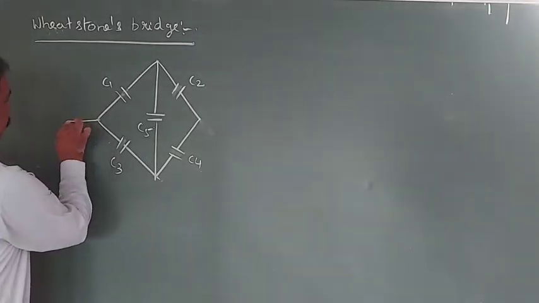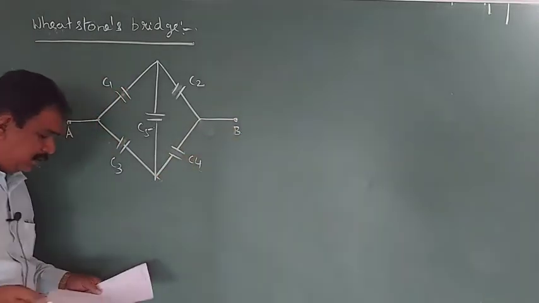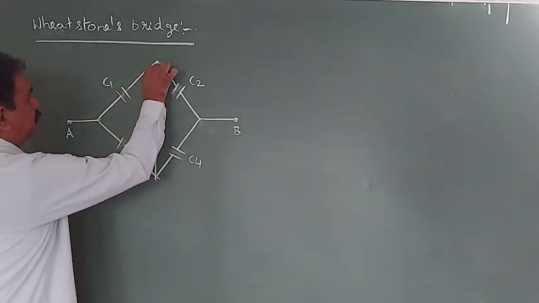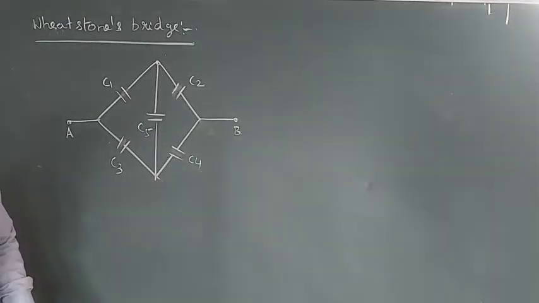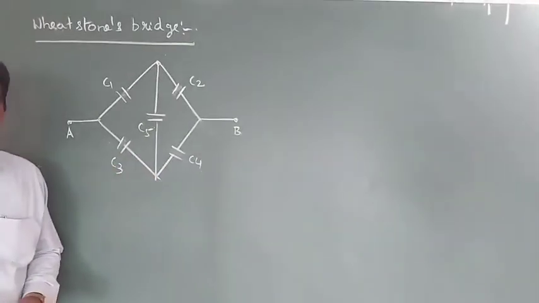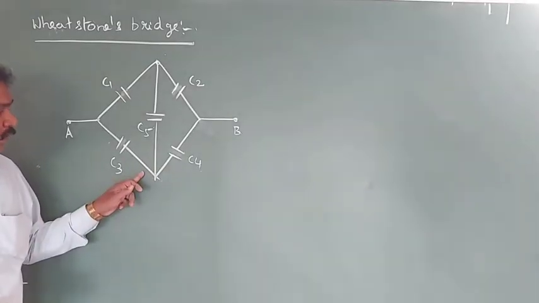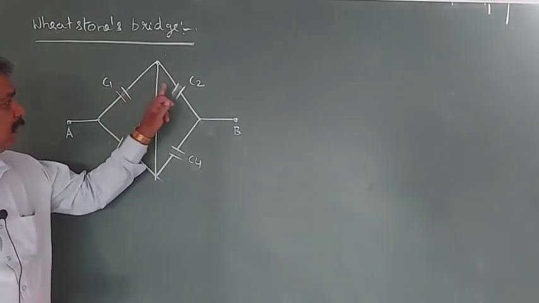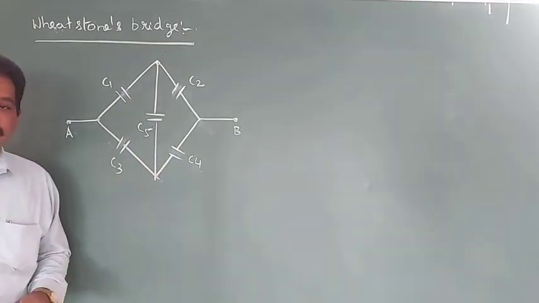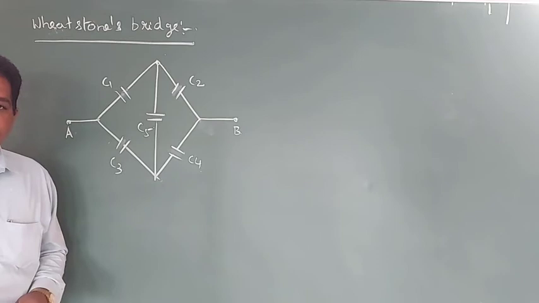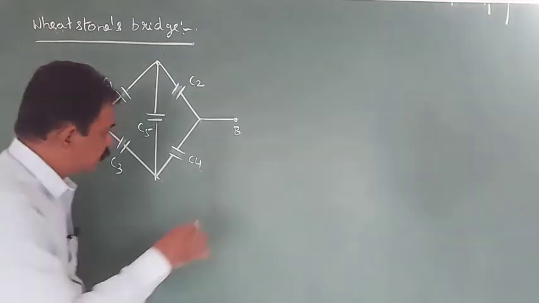Here this will be A, here this will be B, this is C, D, like that you can take, no problem. If the circuit is like this, then this will be called the Wheatstone bridge circuit. In the Wheatstone bridge circuit, if C1 by C2 is equal to C3 by C4, then we can say the bridge is balanced. Here how the questions will be there.